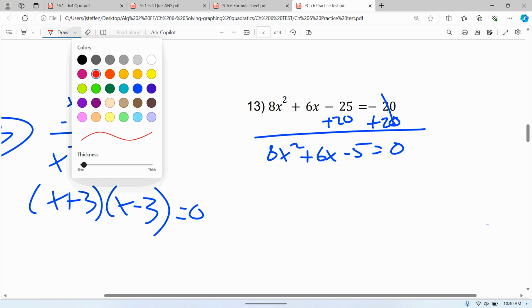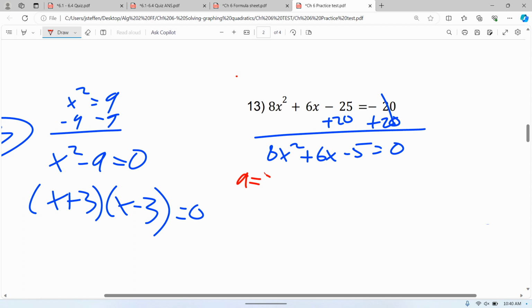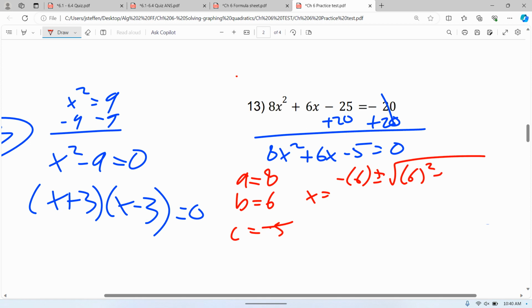So my A is 8, my B is 6, my C is negative 5. So I get my x is equal to minus b plus or minus the square root of b squared minus 4 times a times c all over 2 times a. Make sure you use parentheses. Then some of you guys will just type that in your calculator and get your answer.